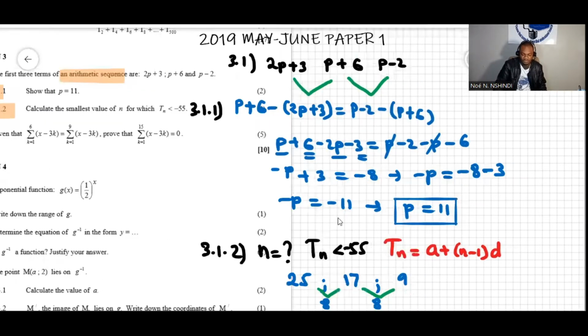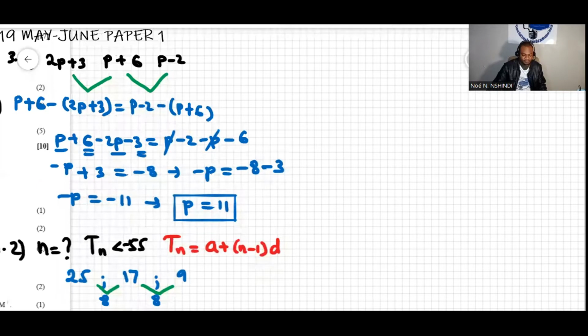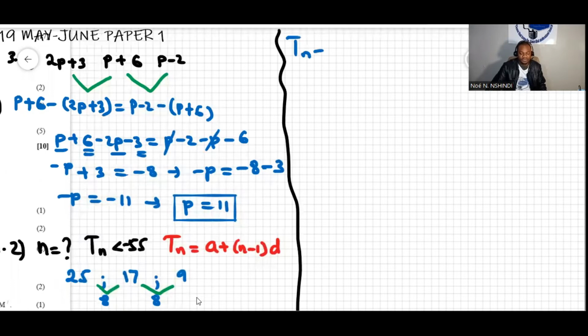So 8, the constant difference, 8. Therefore, Tn will be written as a, the first term 25, plus open brackets n minus 1 times negative 8, because it is decreasing. 17 minus 25 is negative 8.